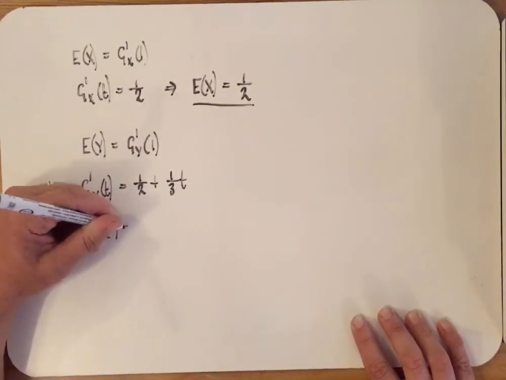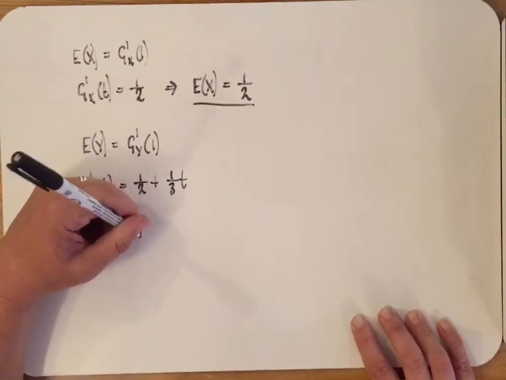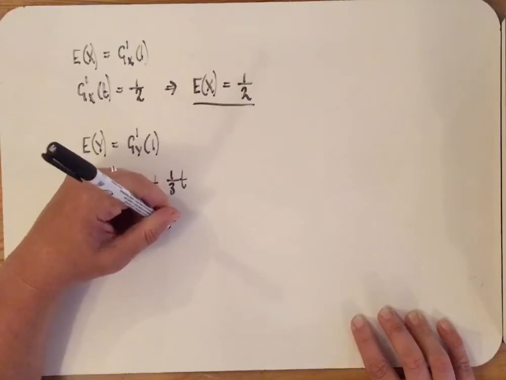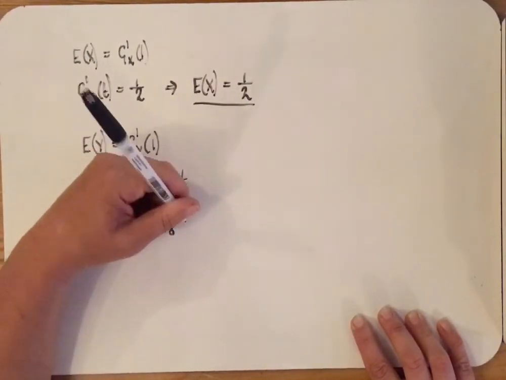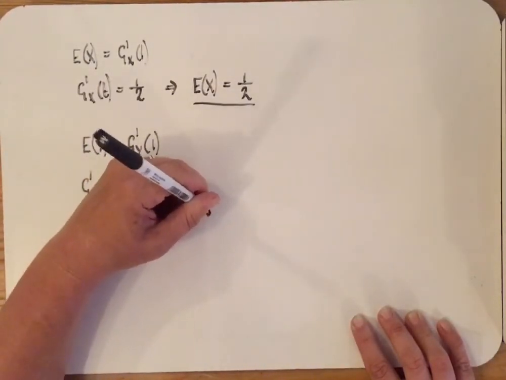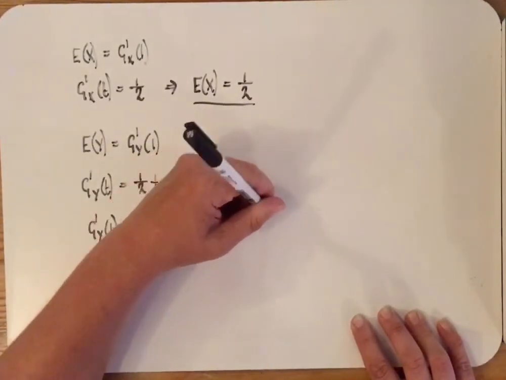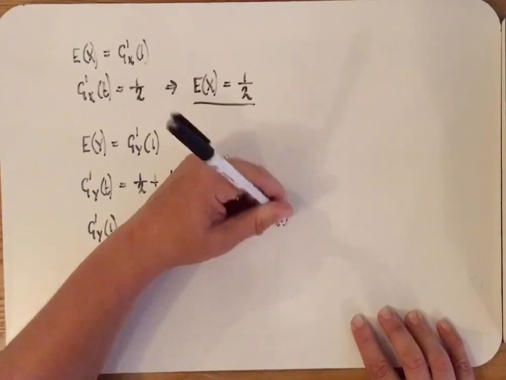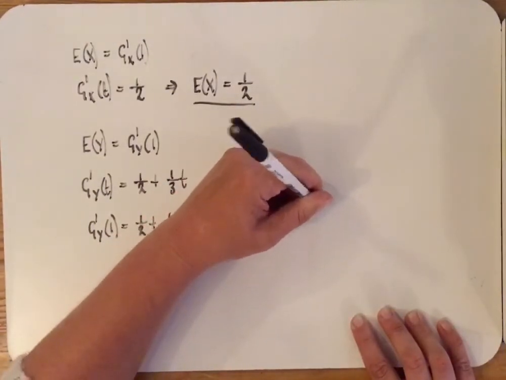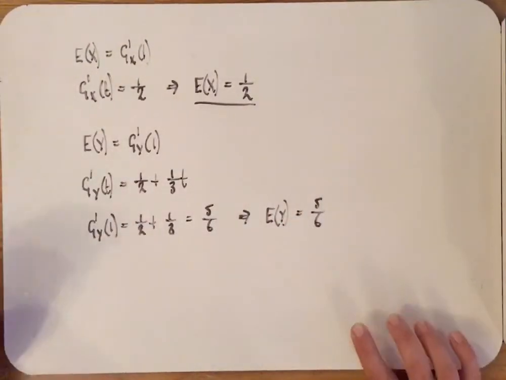So substituting in t equals 1, we get a half plus a third, which is equal to 5/6. And so the expectation of y is equal to 5/6.